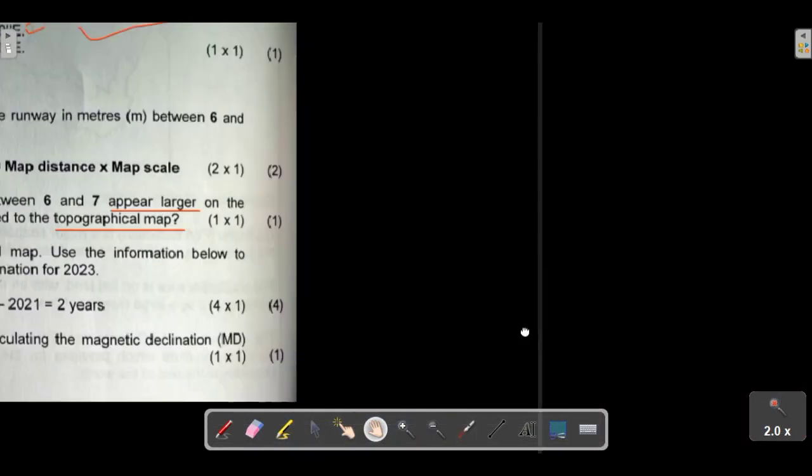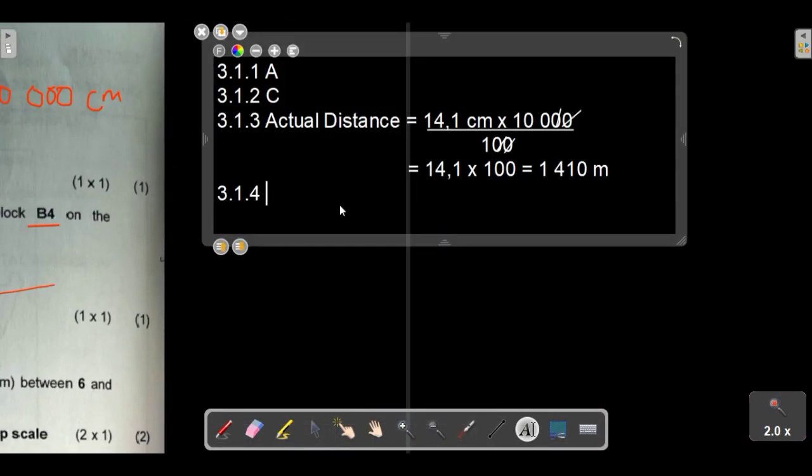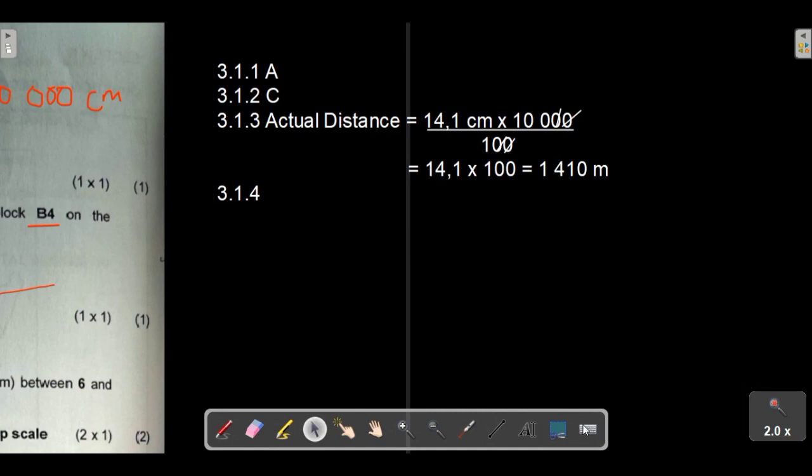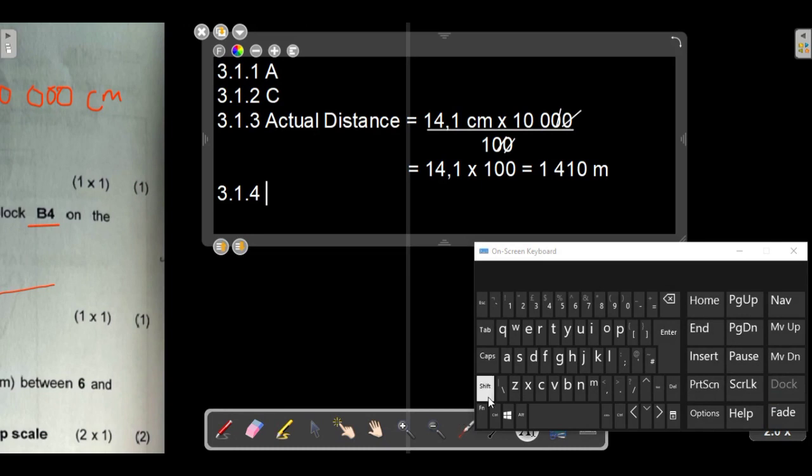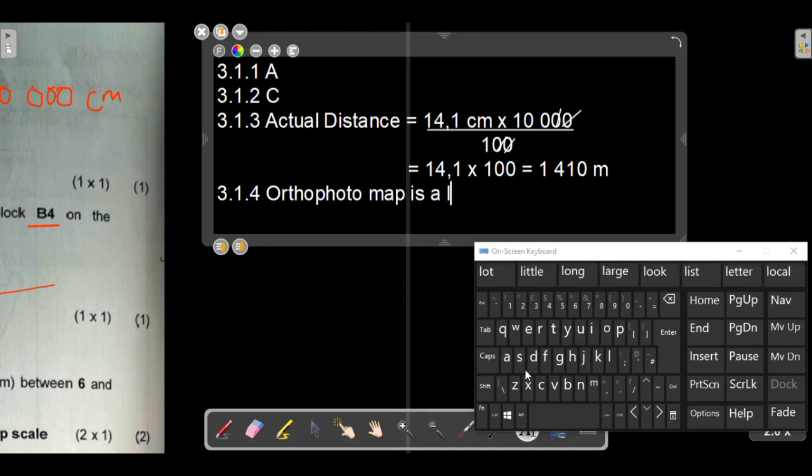Okay, so that's what we're saying, guys. We're saying that an orthophoto map is a larger scale map, or has a larger scale, than, of course, the topographical map.